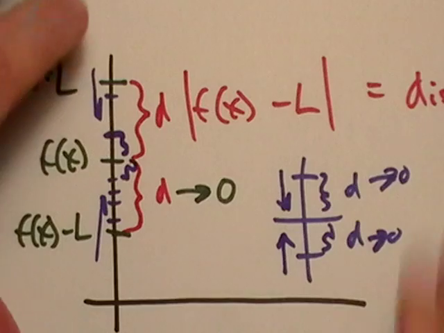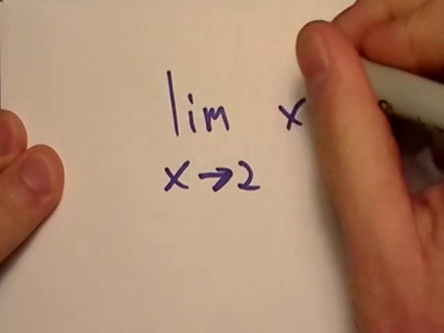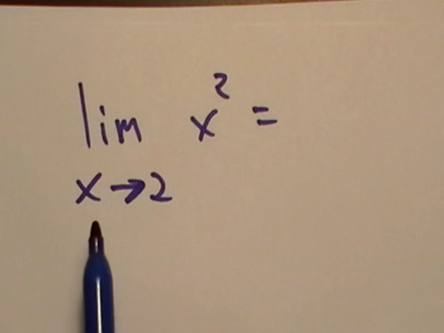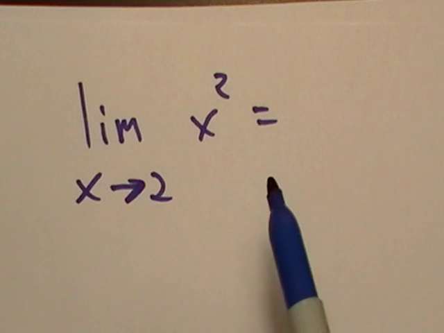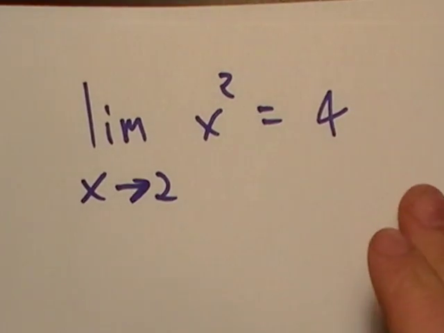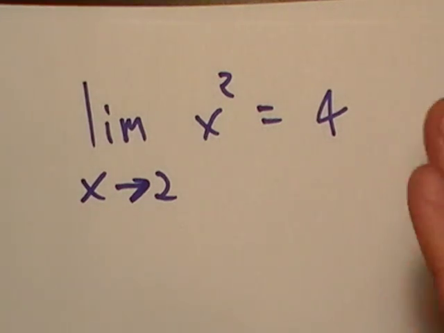The third thing I want to make sure you're comfortable with is the limit as x goes to 2 of x squared. We know the limit is equal to 4, but this doesn't necessarily mean that the function is equal to 4. In this case, yes, it is.